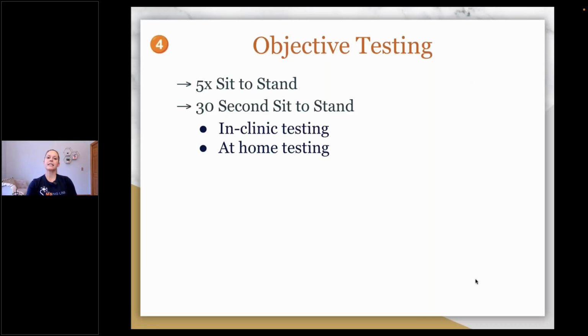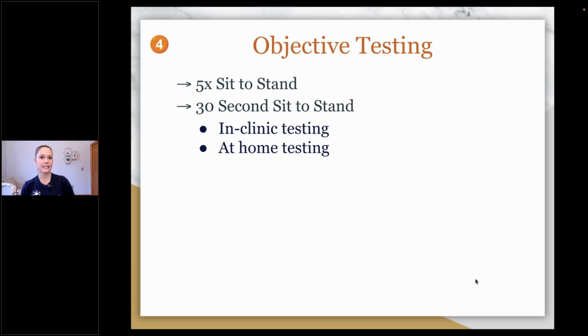So the next test is the 5-time sit to stand or the 30-second sit to stand. Usually your PT or neurologist or whoever is doing this test with you will just choose one of these. They're pretty similar and pretty self-explanatory. So the 5-time sit to stand, you are timed on how long it takes you to stand up and sit down 5 times.